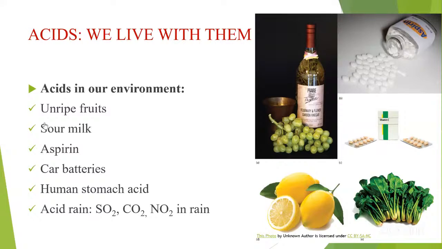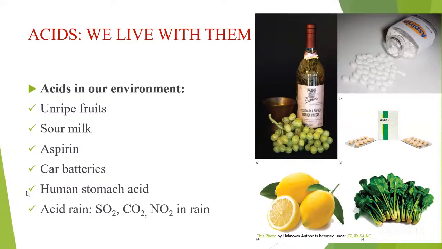Examples of such dissolved acids can be SO2, CO2, NO2, and all that. They can be present in the rainwater. So it may not be exactly of pH 7. The pH may not be what we expect it to be.